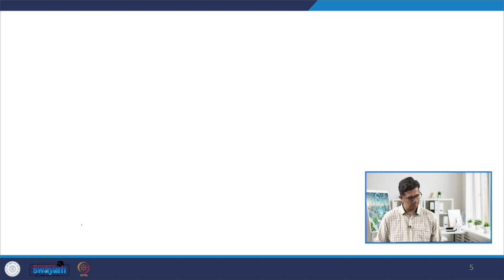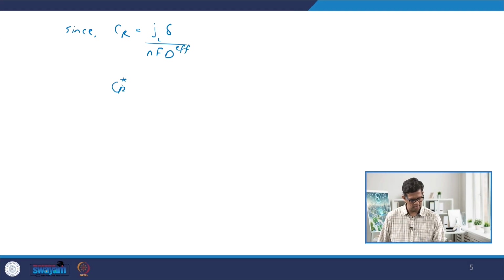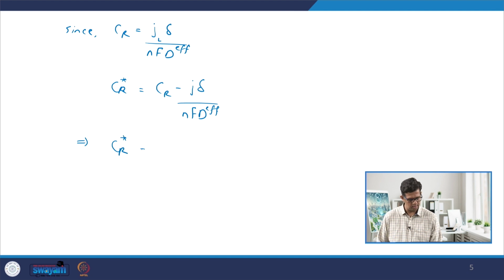And as we know, since Cr is equal to Z L delta by NF D effective, we can write Cr star is equal to Cr minus J times delta divided by NF D effective. So that implies Cr star equals Z L delta divided by NF D effective minus J times delta divided by NF D effective.